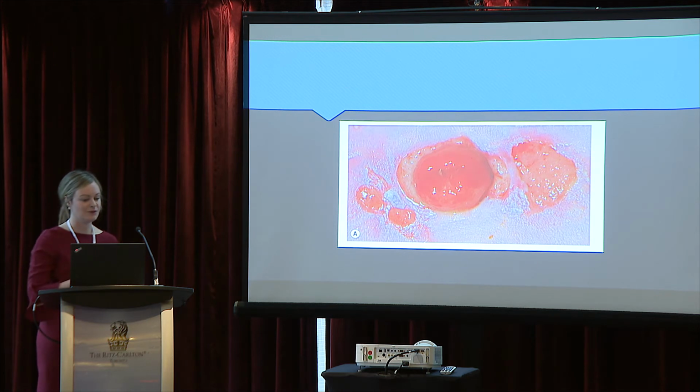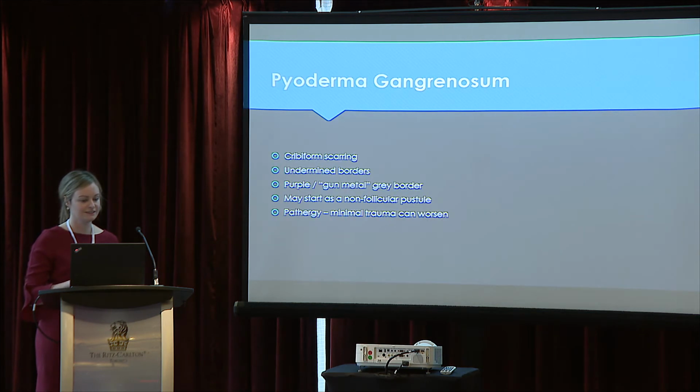And then I put this picture of a peristomal PG, because it kind of alludes to this idea of pathergy, which is where minimal trauma to the skin can make PG worse. So I wondered for this person, was there some sort of dressing or the stoma appliance that created a minimal trauma that left PG at this site? So that's the kind of key things that you may have picked up from that photo.